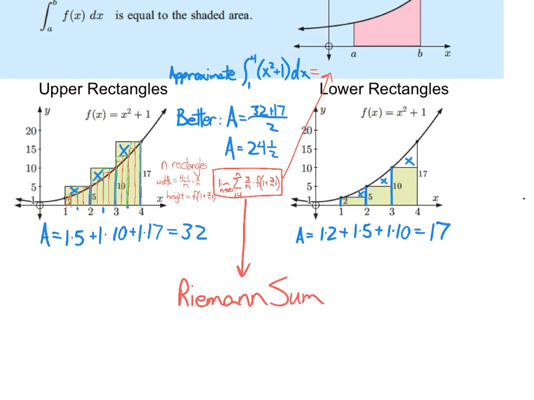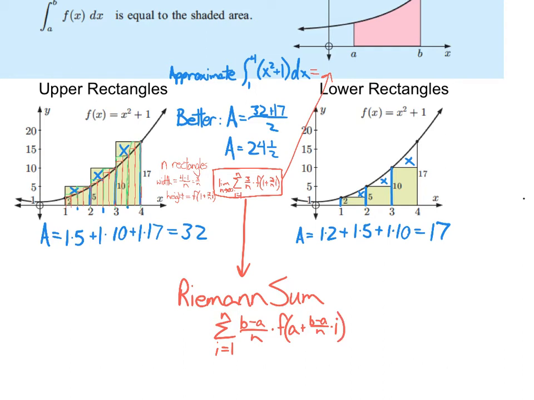He came up with this process for taking the sum from i equals 1 to n of, instead of using the exact numbers, our boundaries a and b. So you do b minus a over n times f of the left-hand side, so a plus b minus a over n times i.